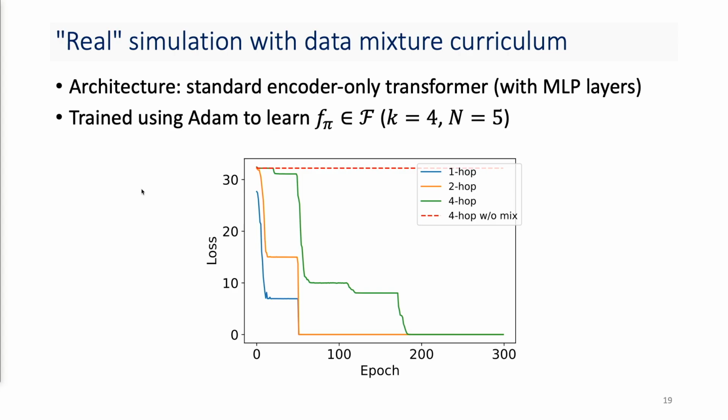Here, on the x-axis is the number of training epochs or training steps, and the y-axis is my error rate or loss. So if you don't use any curriculum learning, and you only train on K-hop data, where K is pretty small here, 4, it just never learns.